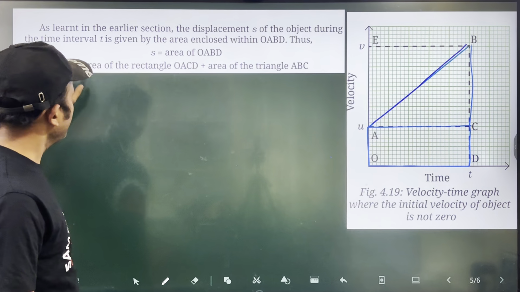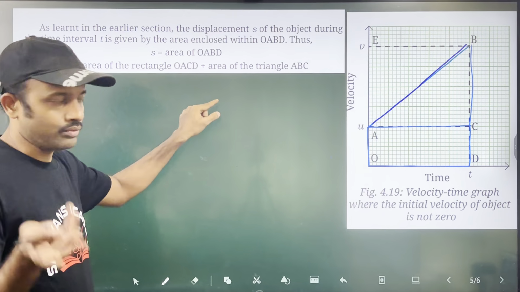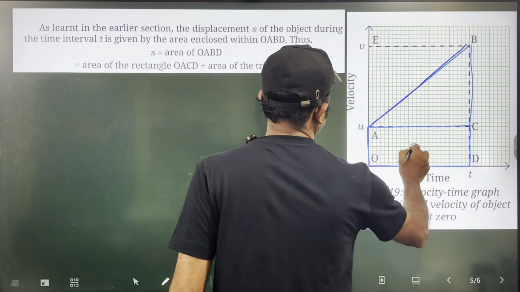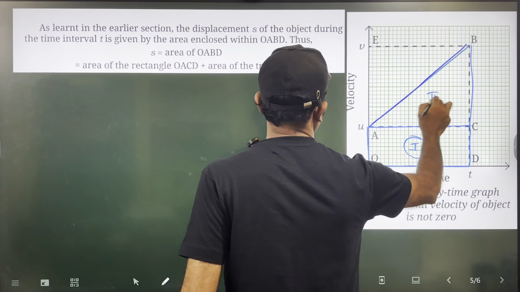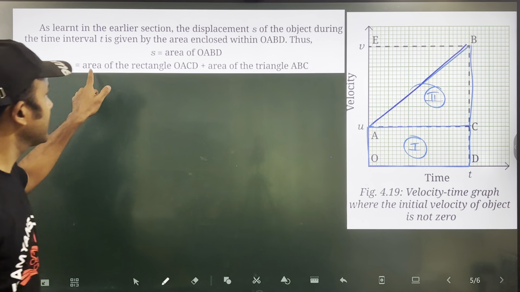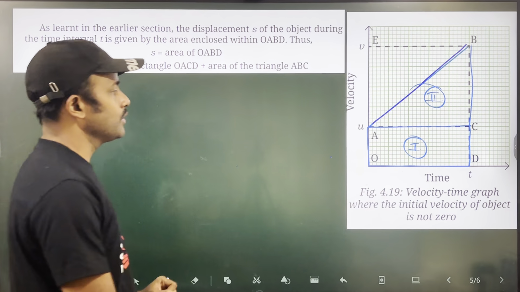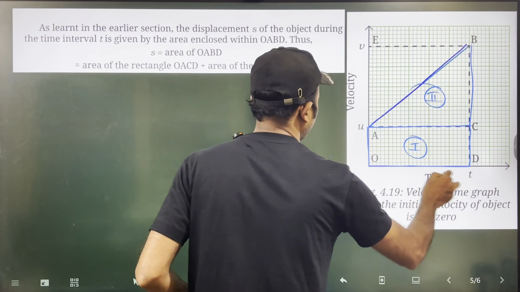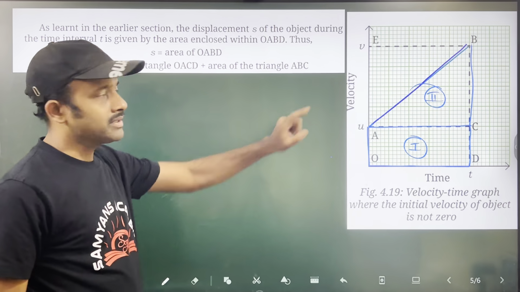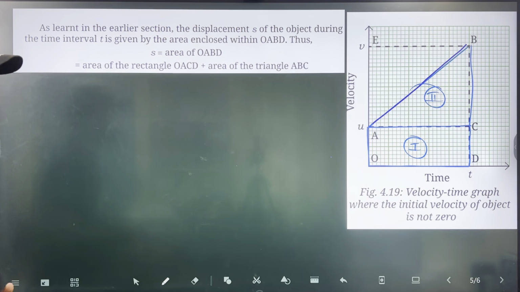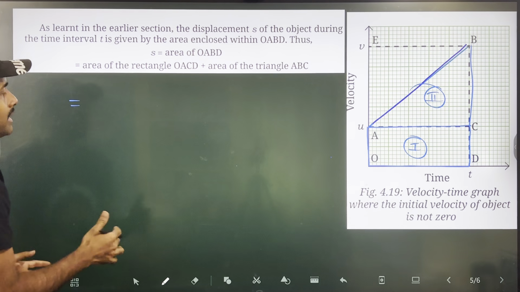We can divide it into two: area 1 and area 2. Area 1 is the area of the rectangle OACD, and area 2 is the area of the triangle ABC, the upper part.